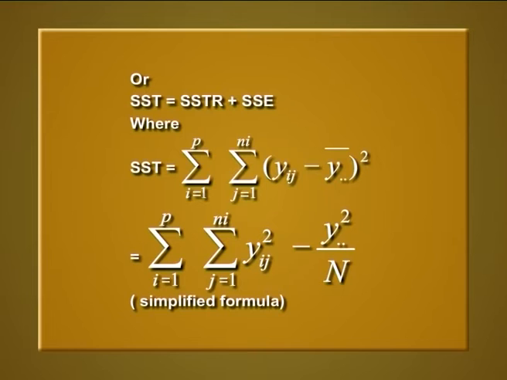equal to double summation i equals 1 to p, j equals 1 to n_i, y_ij minus y bar dot dot whole square, which can also be written as double summation y_ij square minus y dot dot square by n, a simplified formula for computation.